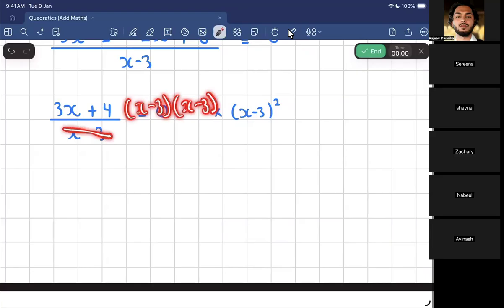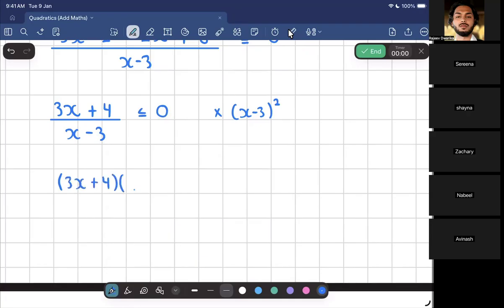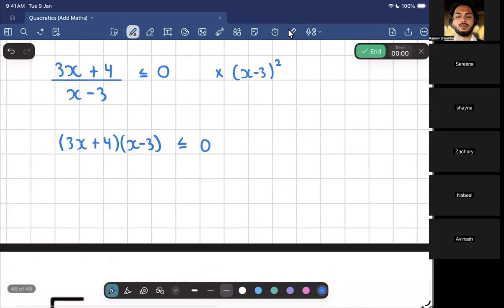So one of the x minus 3's would cancel off with one on top. So that would leave you with what here? 3x plus 4 times x minus 3. Right? And on the other side, what is 0 by anything? 0. Right. So from here now, I'm going to put this equal to 0, and I'm going to find your roots.